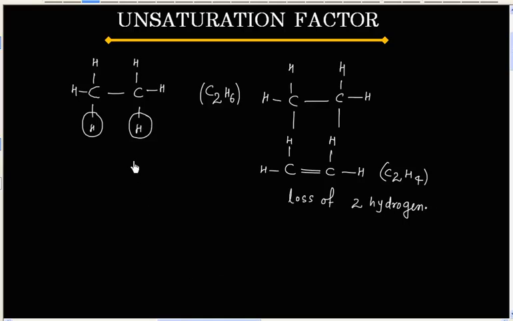This kind of hydrocarbon, which does not have any double bond, is called saturated hydrocarbon. And a hydrocarbon that has a double bond or triple bond is called unsaturated hydrocarbon.